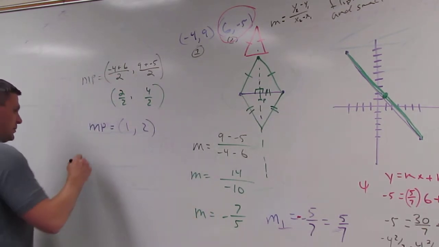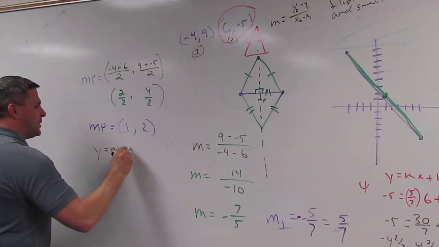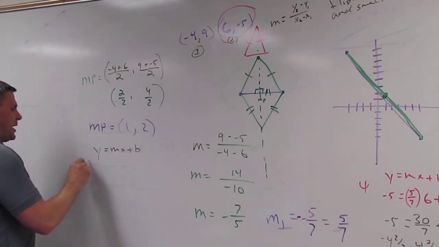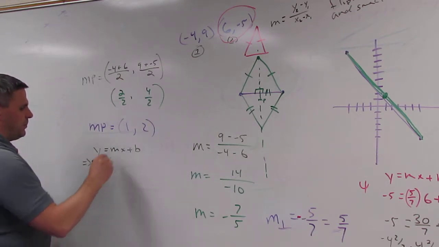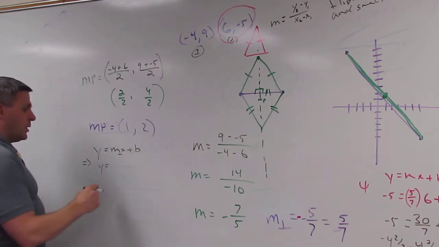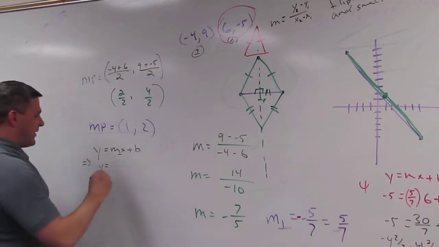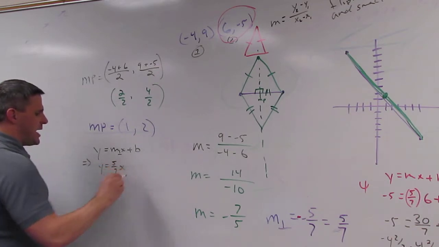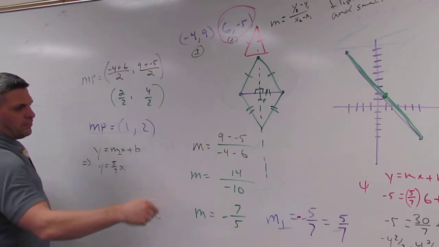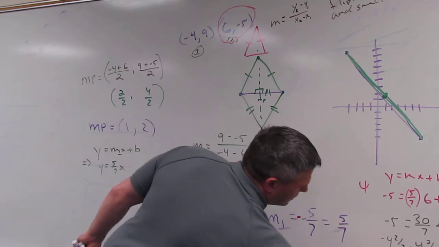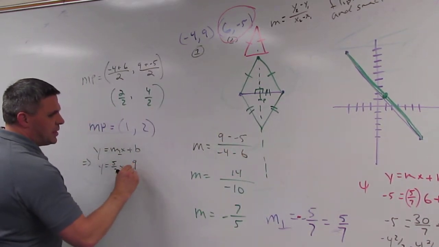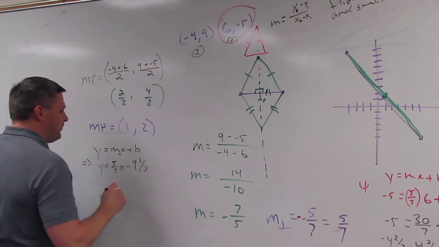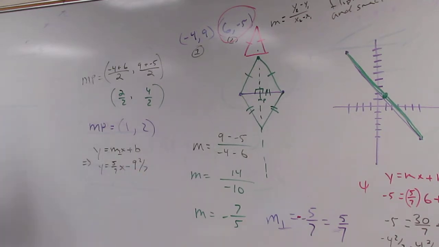Then y equals mx plus b implies that y is equal to the perpendicular slope, 5/7 x. Oh, that's a minus. Sorry, minus 9 and 2/7.